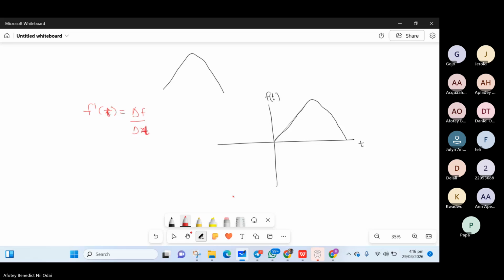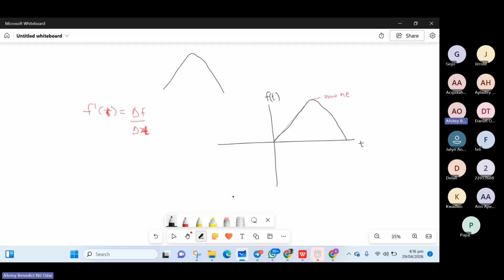So the derivative is basically a change at a particular point. Now, when a ball or an object is moving up, it reaches a point where it's not moving. That's what we call momentarily at rest. At this point, it's basically not moving.